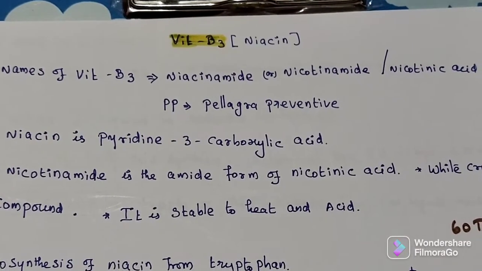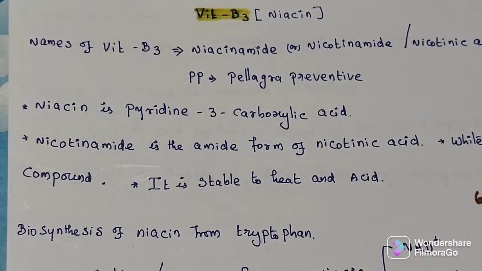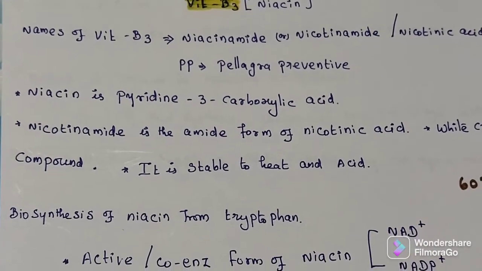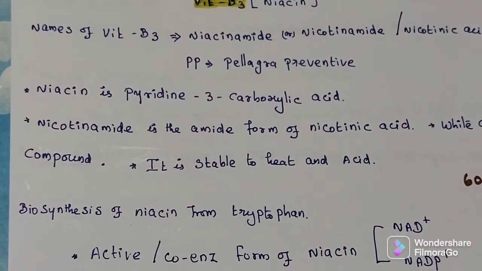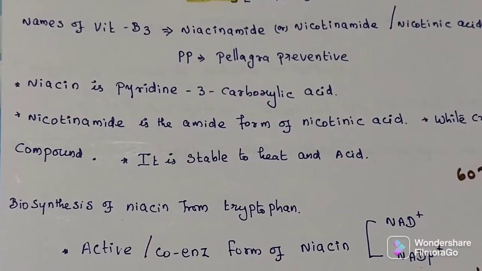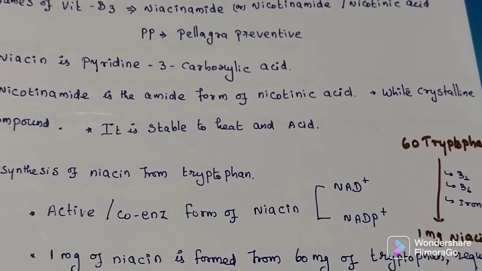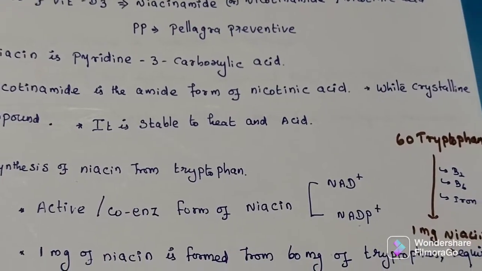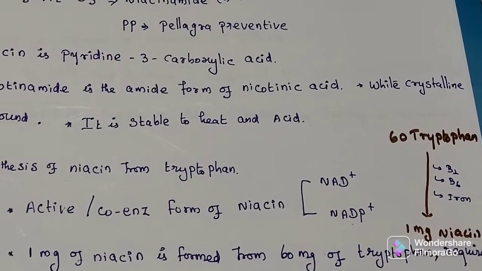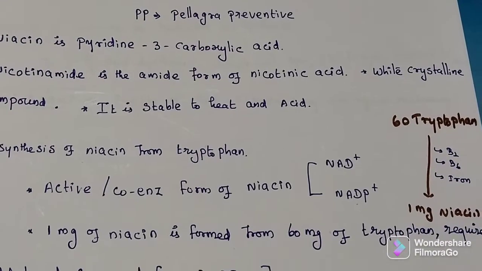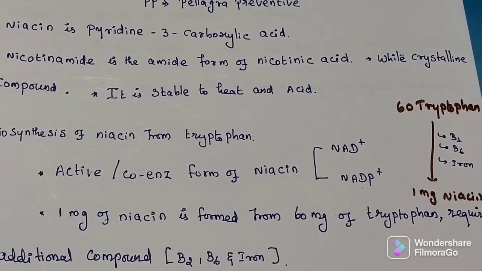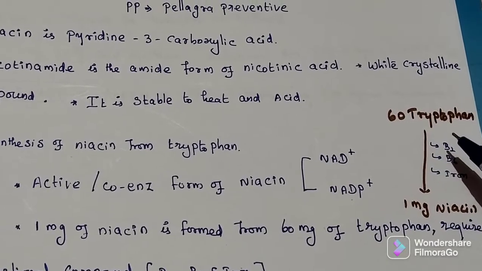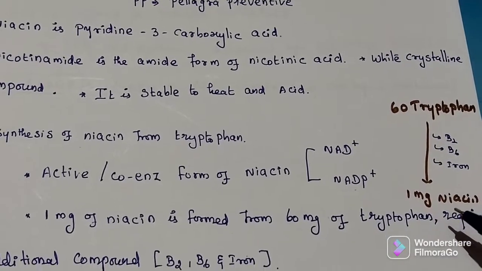Actually, it is not a true vitamin because there is partial synthesis of niacin in our body from tryptophan. For the conversion, it requires additional components like vitamin B2, B6 and iron. It requires 60 mg of tryptophan to give 1 mg of niacin.